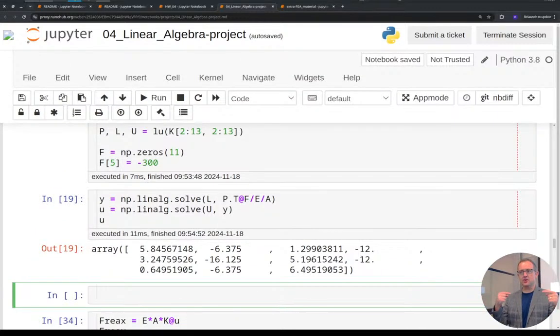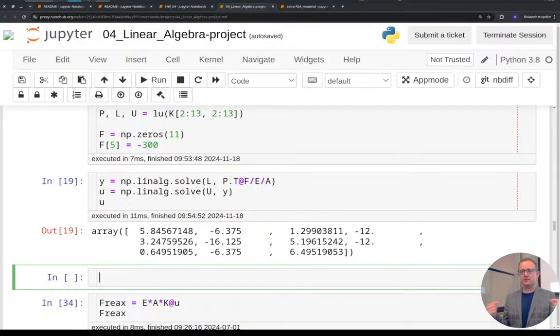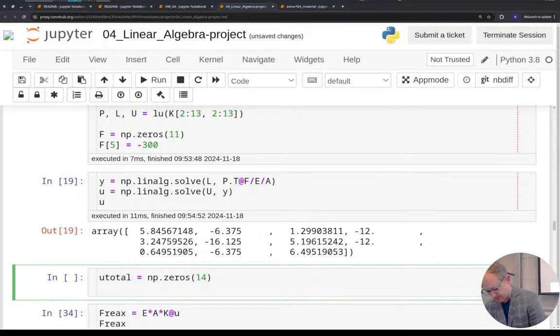Most nodes have no external force applied, but node 1 and node 7 have x and y applied forces. So I'll call it u total: zeros, 14 zeros, and u total 2 through 13 is u, the thing that I just solved for.